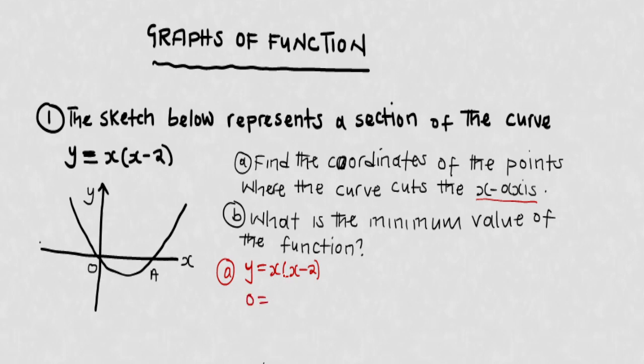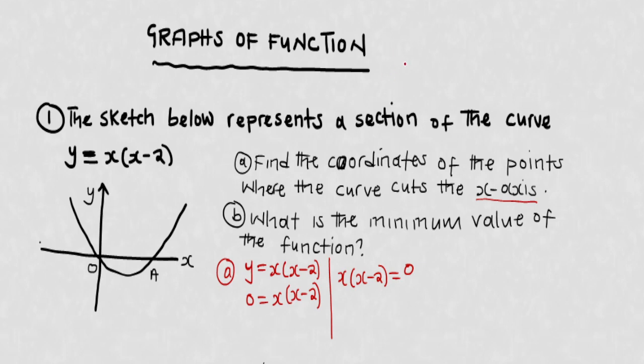When we simplify this, let me first do it like this: x and x - 2. I can also write this as x(x - 2) = 0. Now remember last time I taught on indices.